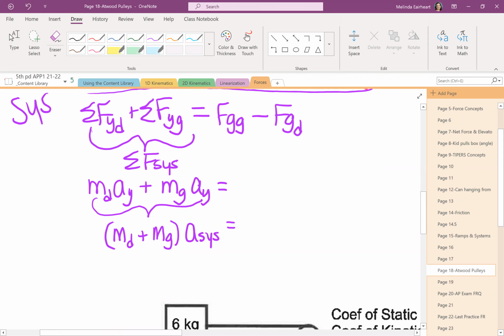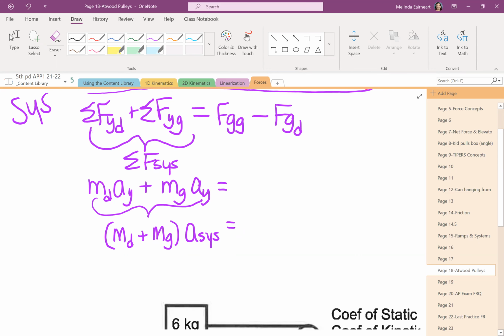However you break it down, if you're like system net force, system mass times acceleration, that's usually what I do. Or if you want to break it down, MA plus MA, they have the same acceleration, so it's their combined mass. It gets you to the same place. What about on the right side?